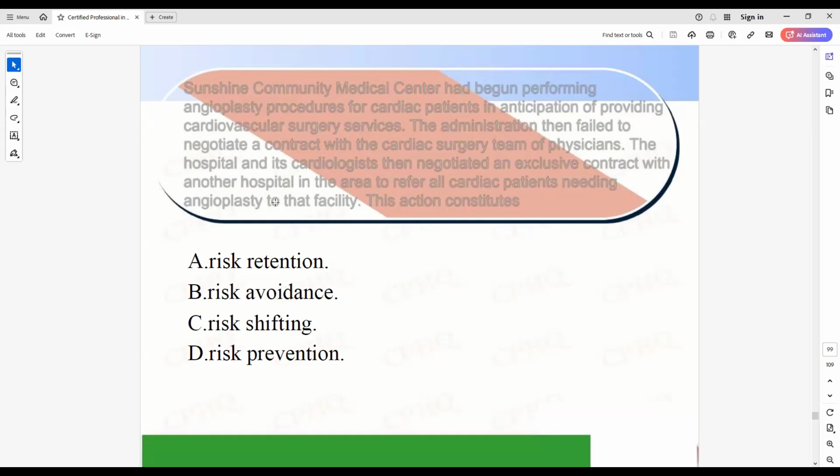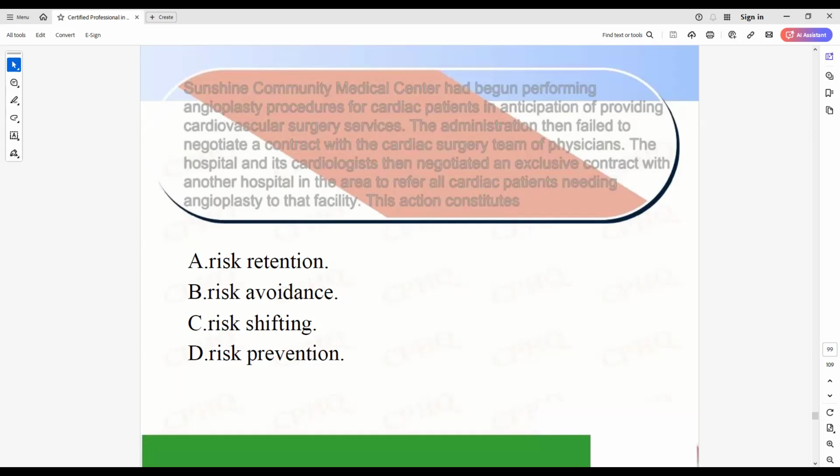The hospital and its cardiologists negotiated an exclusive contract with another hospital in the area to refer all cardiac patients needing angioplasty to that facility. This action constitutes risk retention, risk avoidance, risk shifting, or risk prevention?